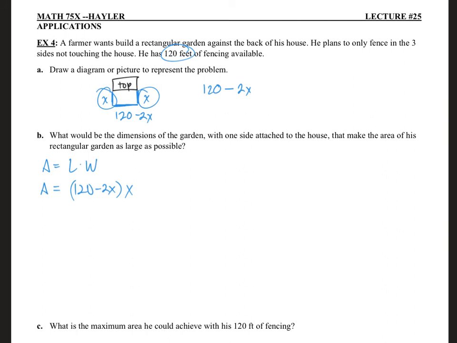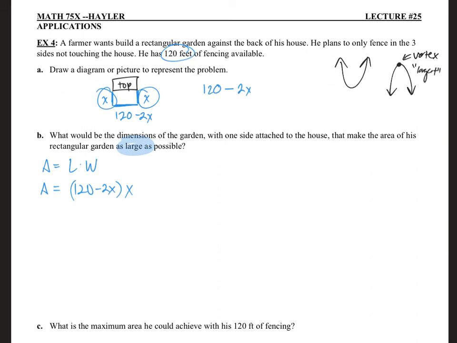The dimensions are the x values, and when we're talking about the largest, that's talking about maximum, right? Large would be max. So there should be a point on a parabola that makes you think of the word max or min. That should be the vertex. That's going to be the largest point possible.